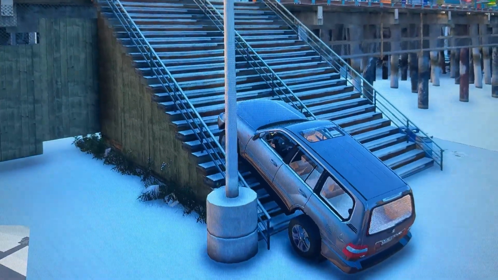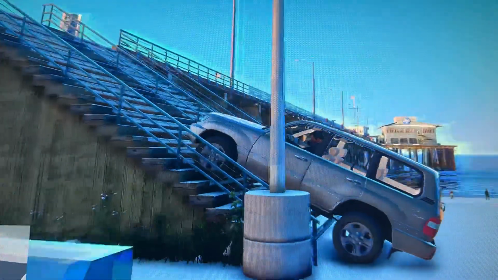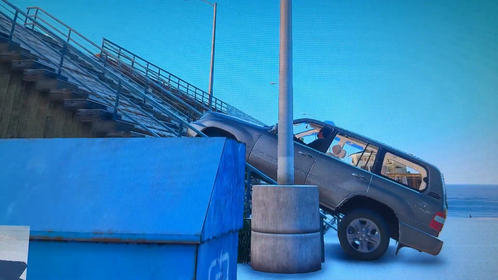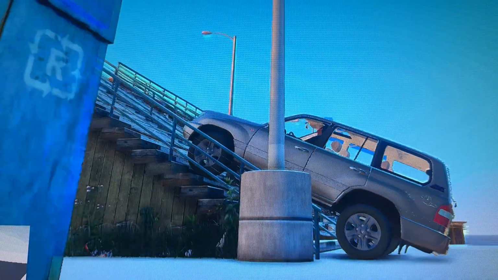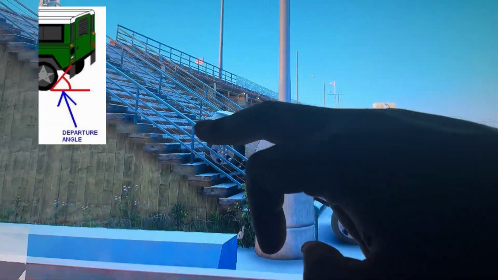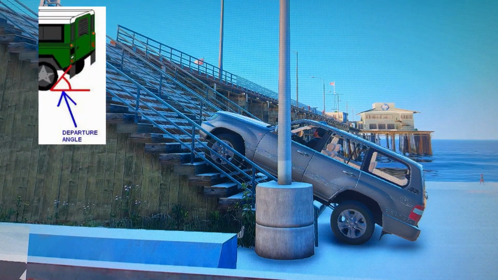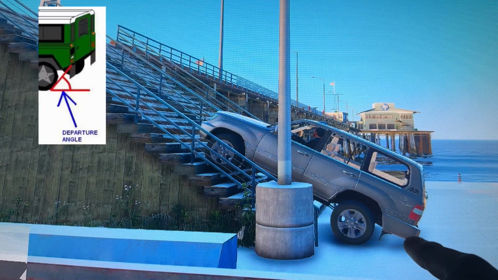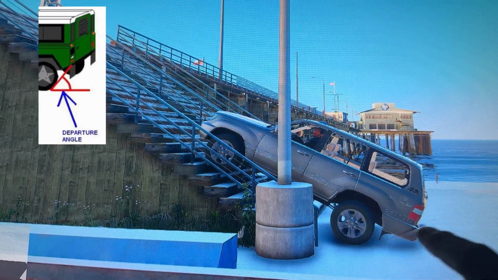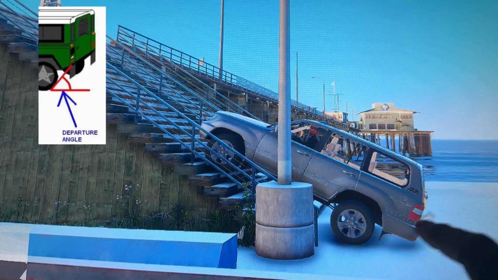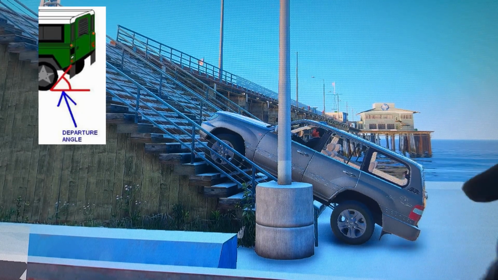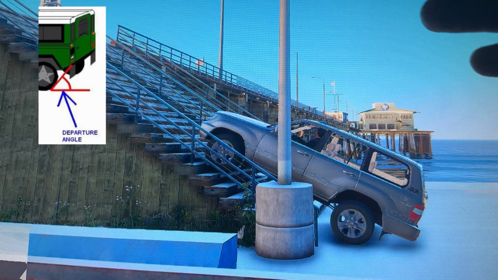Here I have put the handbrake on just to show you what departure angle means. The approach angle is when you're approaching the obstacle. Now you're over it, and the next problem is your departure angle. This angle has to be good enough to let you go over the obstacle.